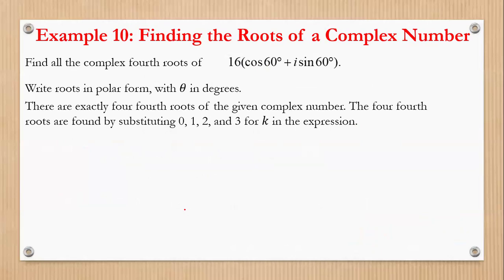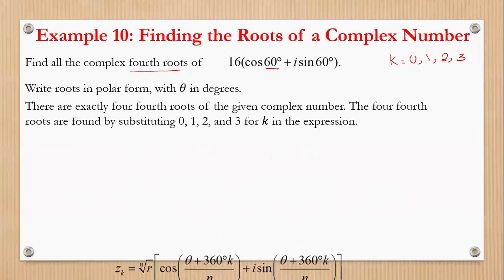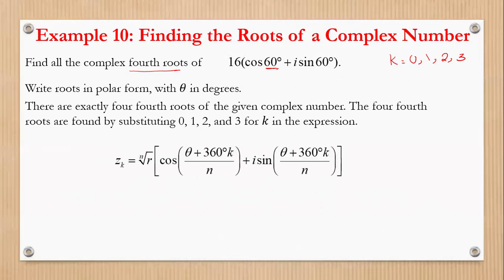We want to find all complex fourth roots of the number. Okay. When they ask us to find fourth roots, that means k can be 0, 1, 2, and 3. So the angle is given in degrees, so I write the formula which is in degrees with 360 degrees. Then start replacing numbers for k. I replace k by 0.